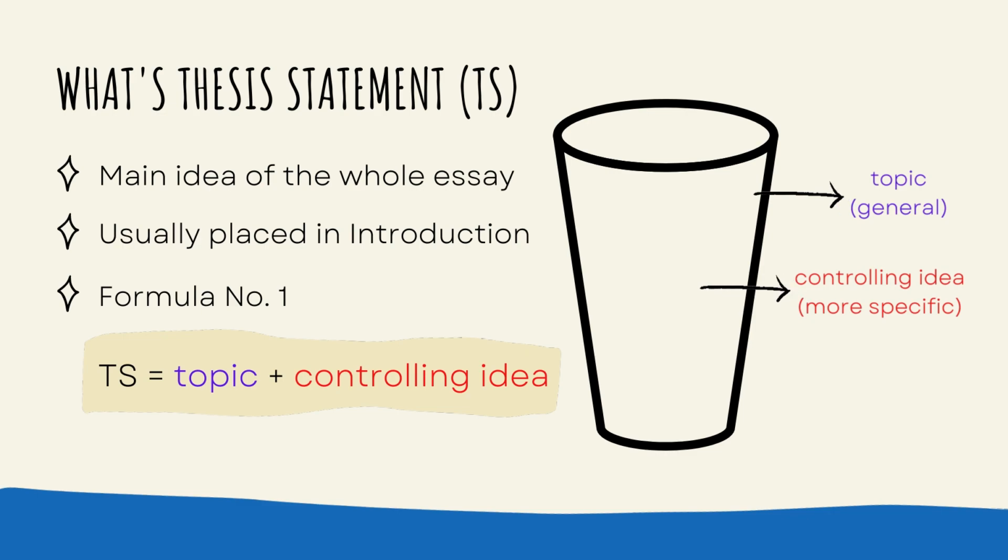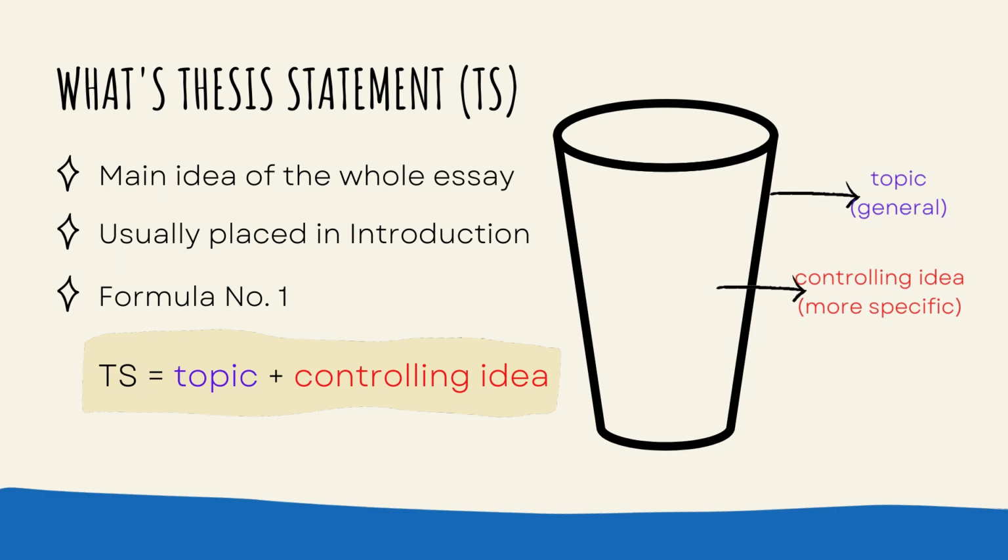Now, I would like to bring your attention to what you see on the screen right now, which is a cup or a glass. As you can see, the top part of the glass is referring to the more general part of the thesis statement because the top part of the cup is wider in diameter compared to the bottom part.